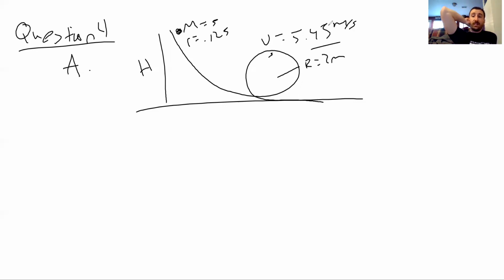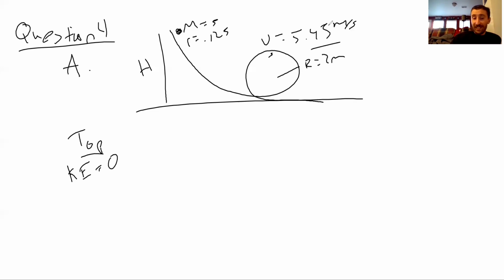So this is going to be a conservation of energy problem. Because it says the sphere begins at rest, if we look at the top, the kinetic energy at that point equals 0.